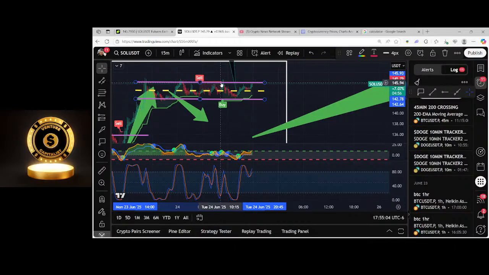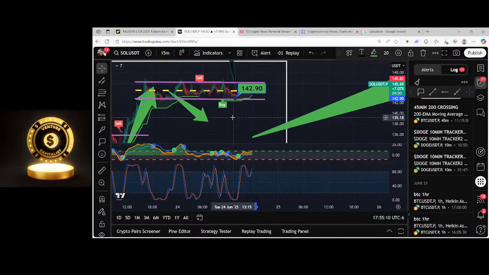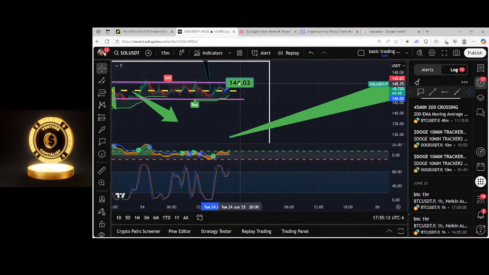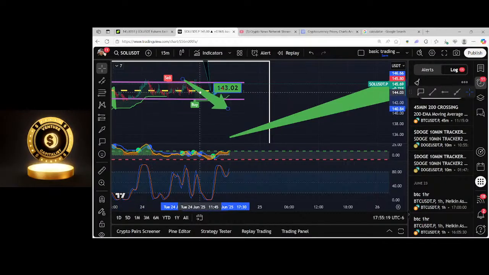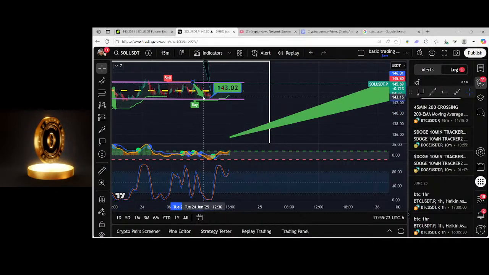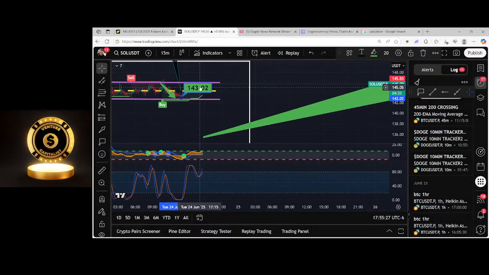It bounces to the top, so your re-entry would have been at that bottom channel again, $142, and then boom, that happened to be the next buy. You can see the buy come in, and even though it's a buy signal, you'd be buying the pullback, which is the 142 right here, 143.